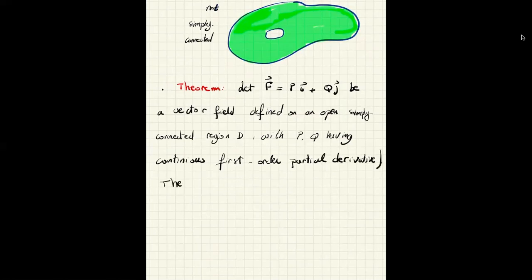Then del P del y equal to del Q del x implies that F is conservative.